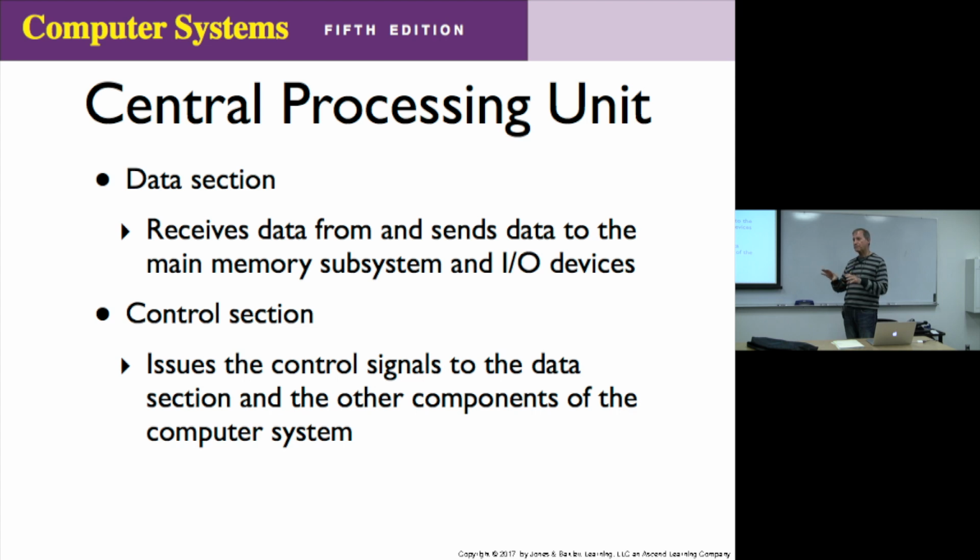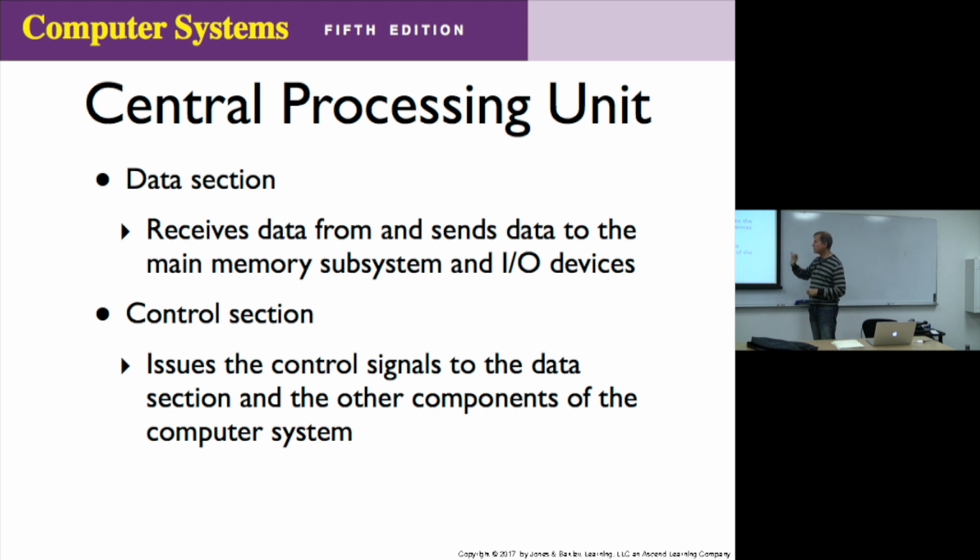Now, all of that stuff that we talked about being in the CPU is in the data section. We have only showed you the data section. But now we're going to see that the CPU is divided into 2 sections, a data section and a control section. Are you with me? The control section has been invisible to us at the ISA 3 level.